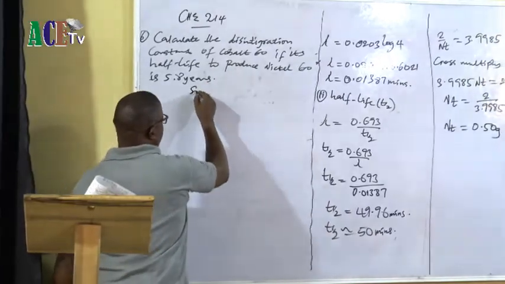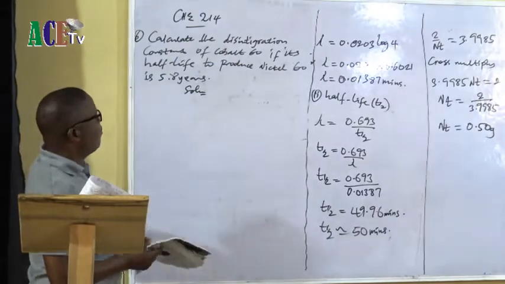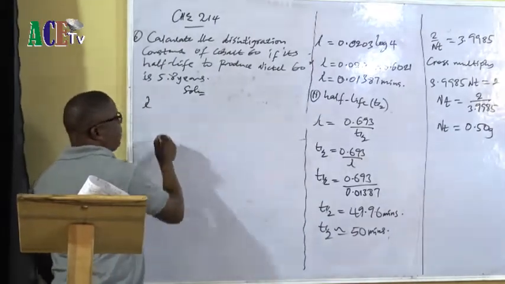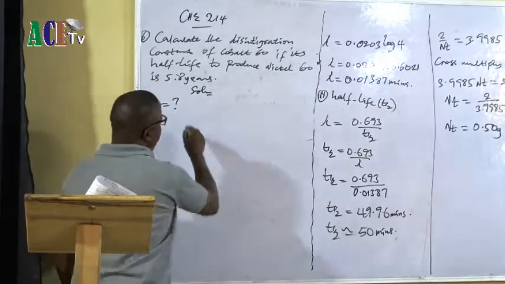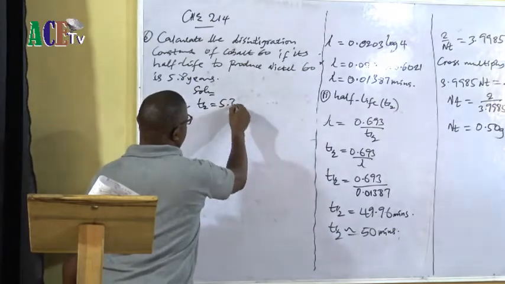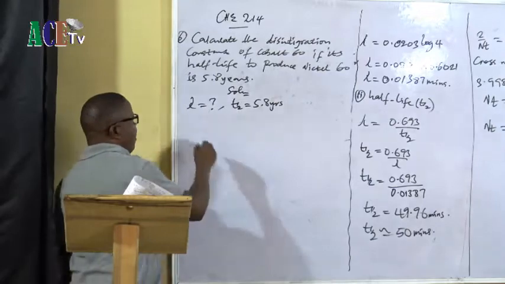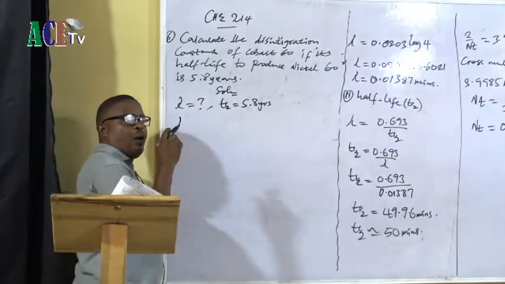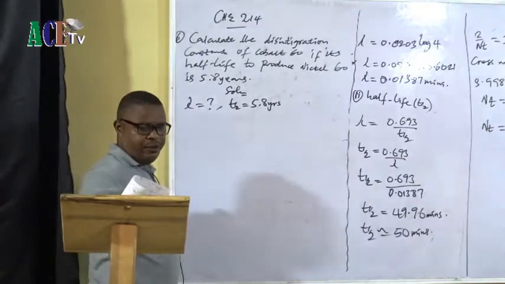This is very simple and straightforward. What are we looking for? We are looking for decay constant. That is lambda, which is unknown. From the question we are given T half, which is equal to 5.8 years. We know the relationship between our lambda and T half.